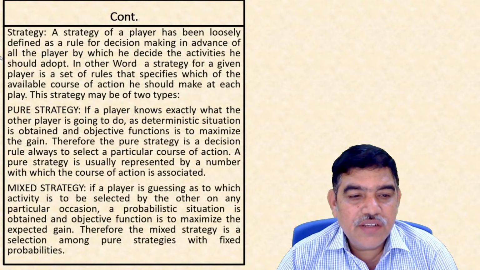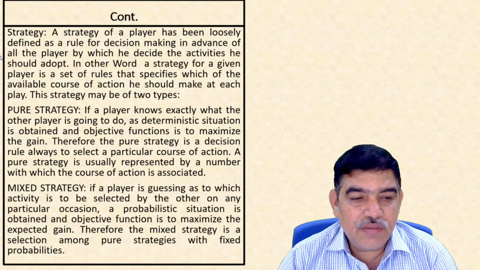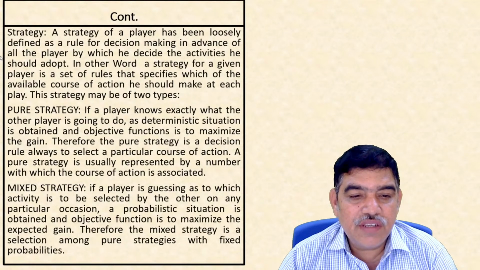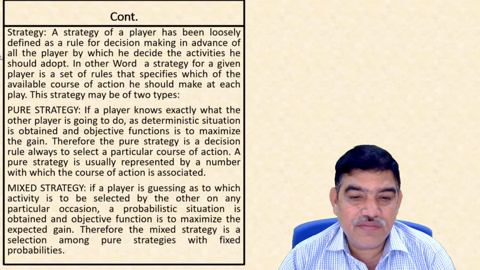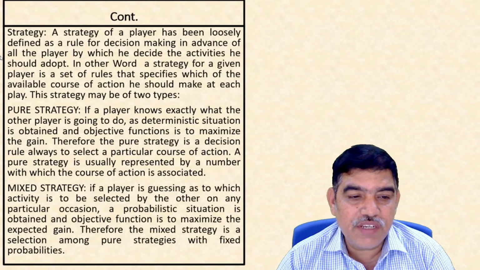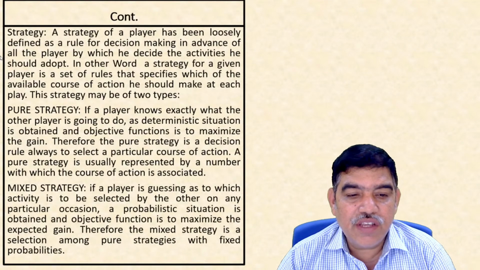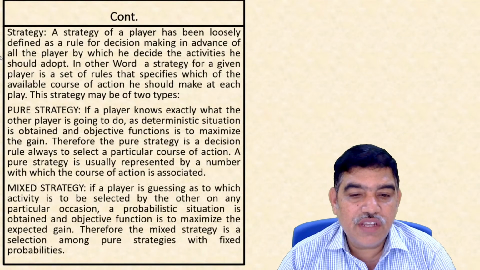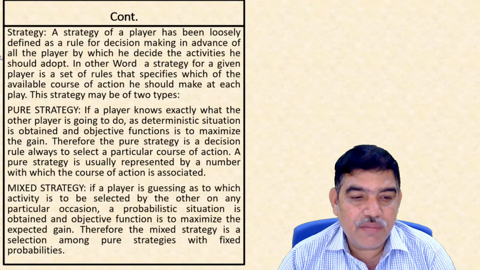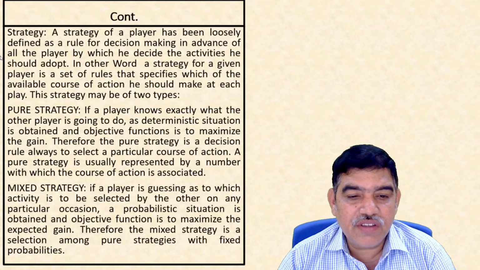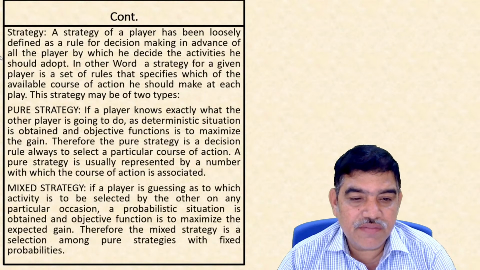Mixed strategy. Similarly, mixed strategy means if a player is guessing as to which activity is to be selected by the other on any particular occasion, a probabilistic situation is obtained and the objective is to maximize the expected gain.